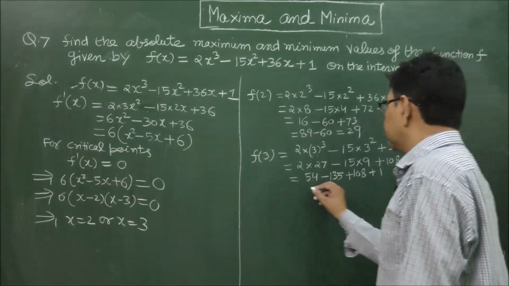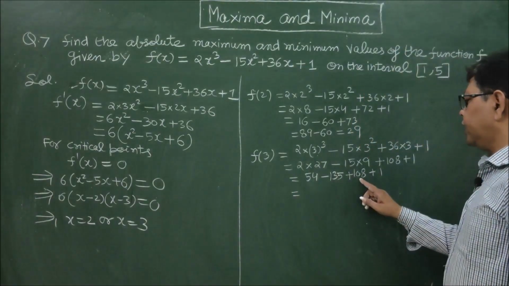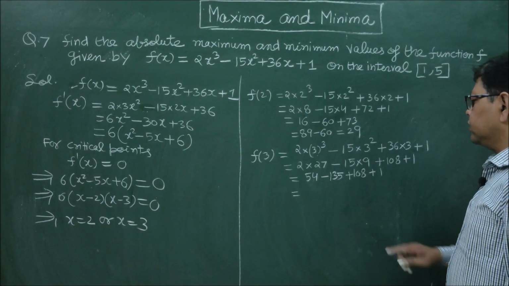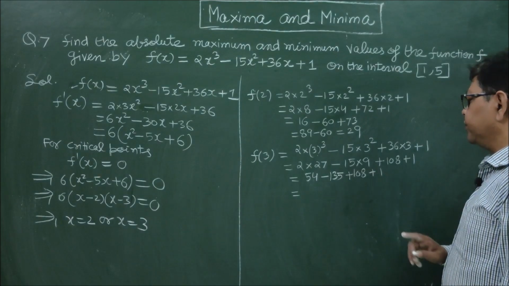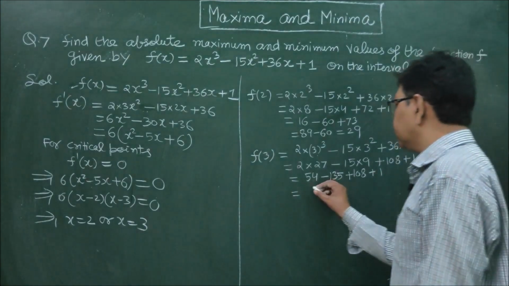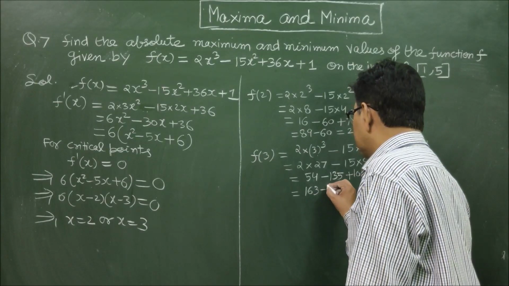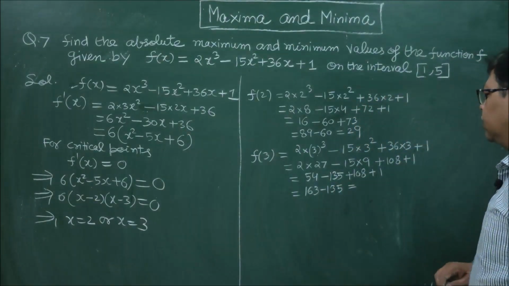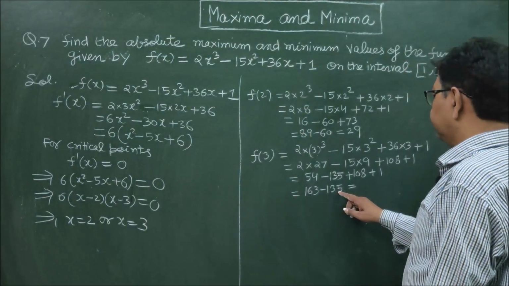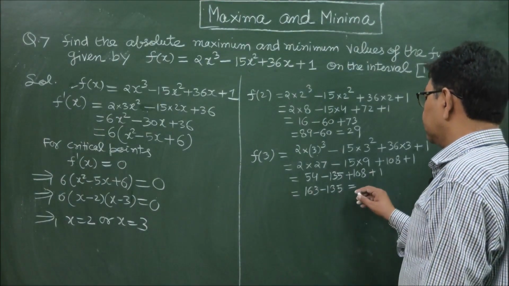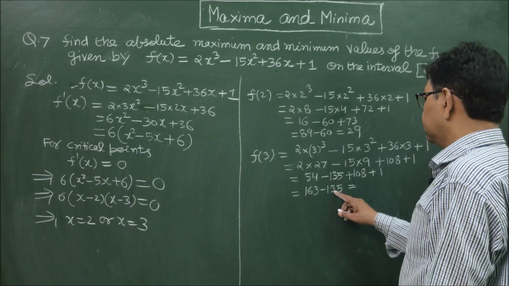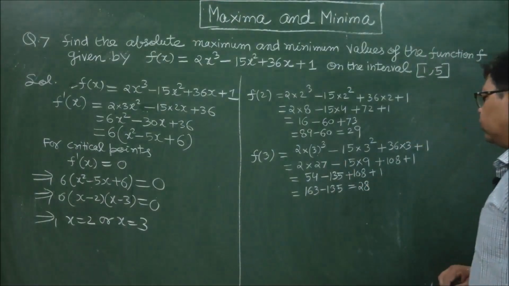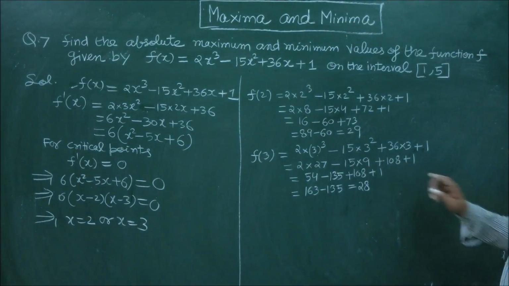So this is equal to 108 and 54 is 162, plus 1 is 163. 163 minus 135 is equal to 28. So the value of f(3) is 28.